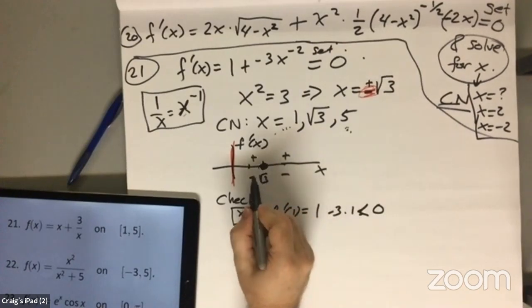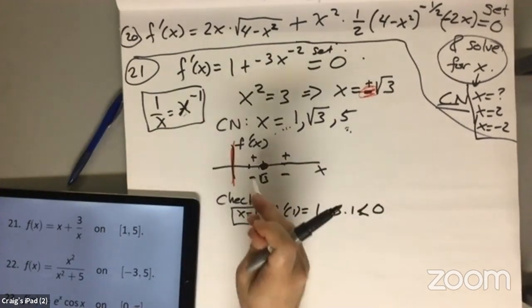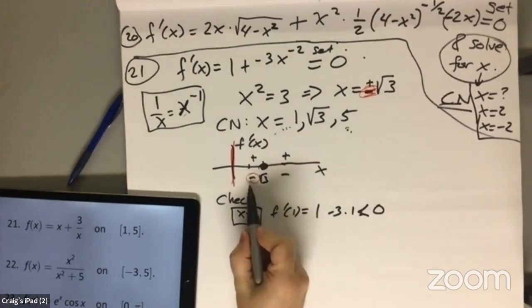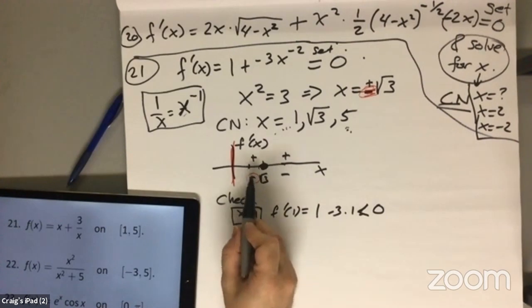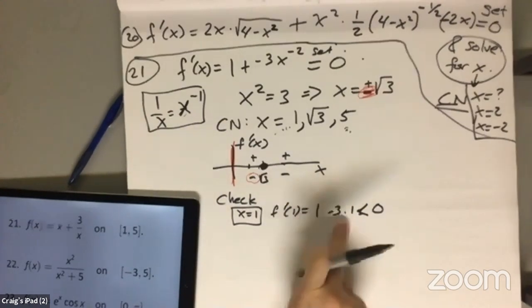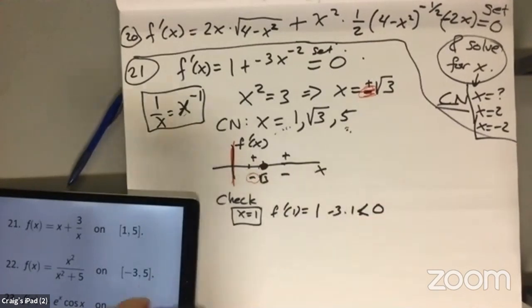So the answer here was that I get a negative value. Since I have a negative value to the left, I know that the derivative is negative. The derivative being negative means that the function is going down like that. The slope of the function at x equals 1 is negative. It's negative 2 is the value. So the derivative is negative 2.